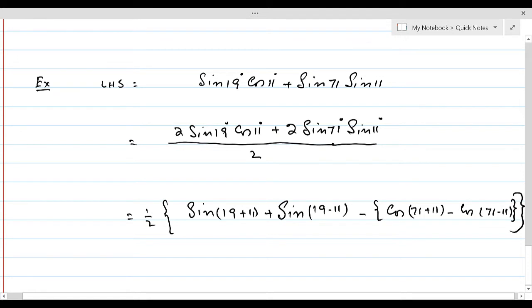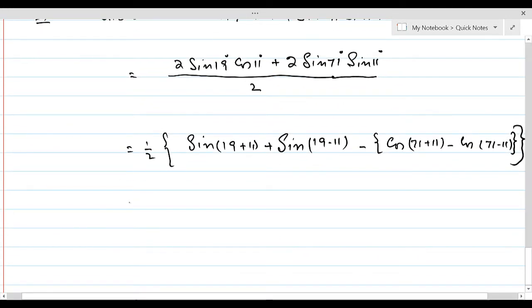Now we divide by 2 outside, and let's take a look: sine of 19 plus 11 degrees is sine of 30 degrees, plus sine of 19 minus 11, that would be equal to 8.